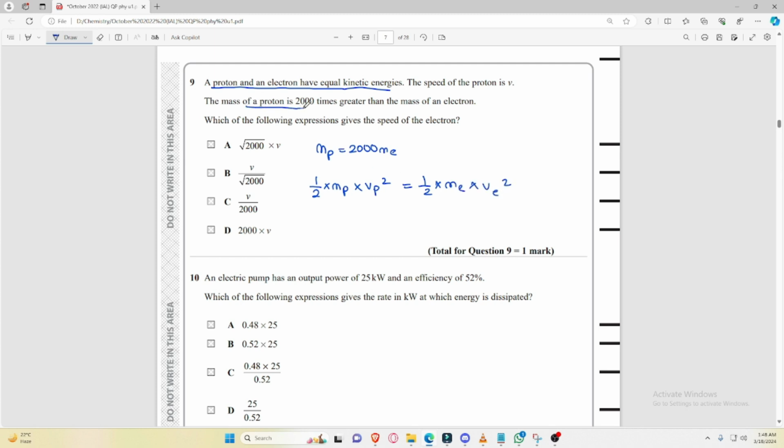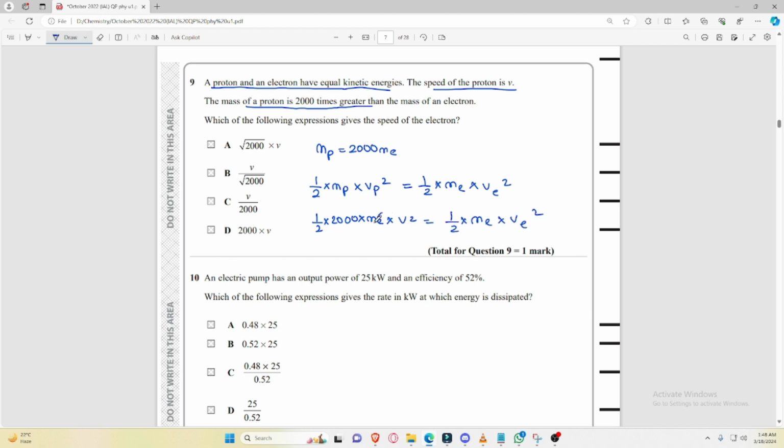Now the mass of proton is 2000 times greater, so let us substitute it. Half into 2000 times mass of electron into velocity of proton square. The speed of the proton is v, so no need to write vp, I write only v. So 2000 v square equal to half into mass of electron into velocity of electron square.